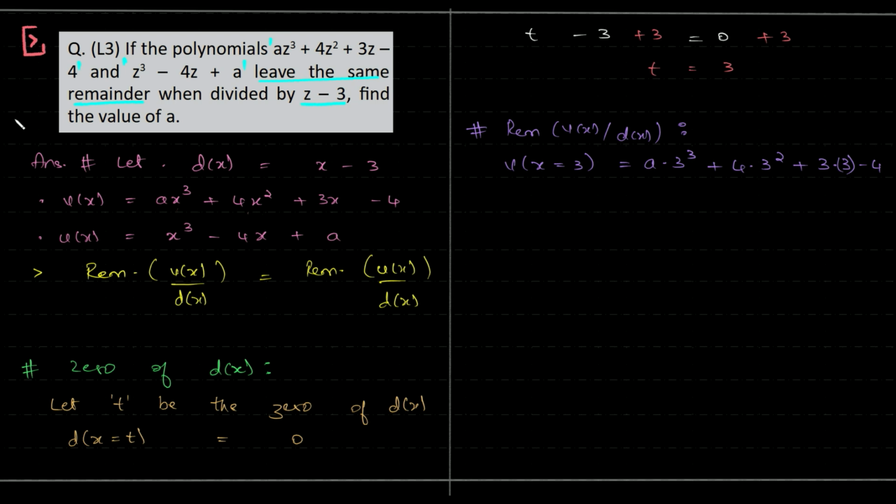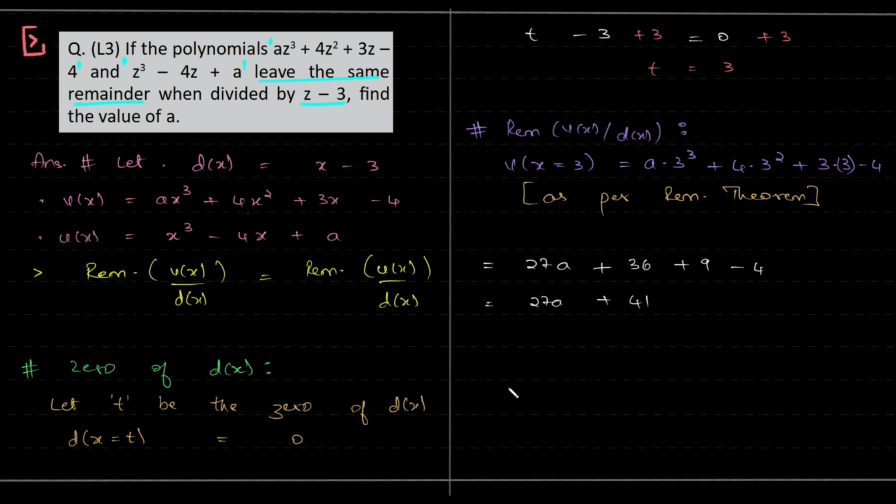No confusion, right? Now all I have to do is solve this. So this will be equal to 27a plus 36 plus 9 minus 4, so this is 27a plus 41.